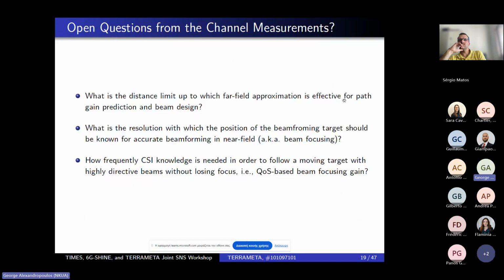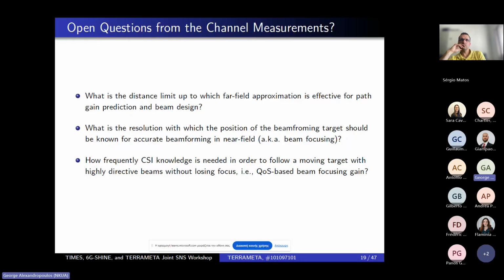So, this work that I will present right now actually was a result of certain questions that we got from the channel measurements, and let me try to put them down. One is, what is the distance limit up to which far field approximation is effective for path gain prediction and beam design?